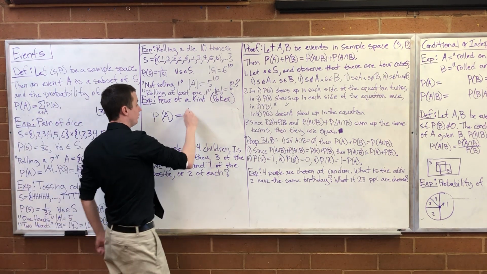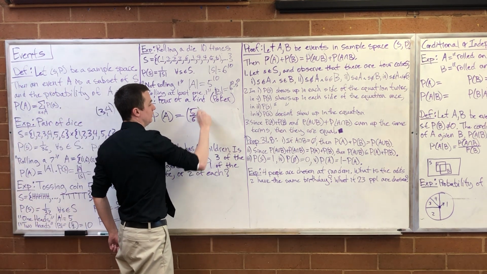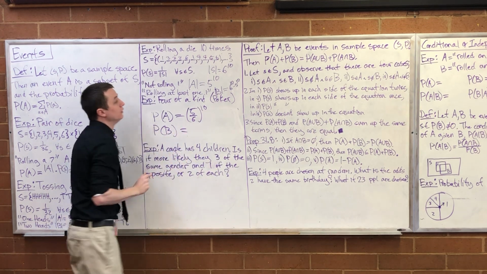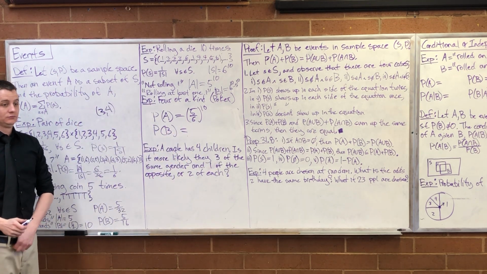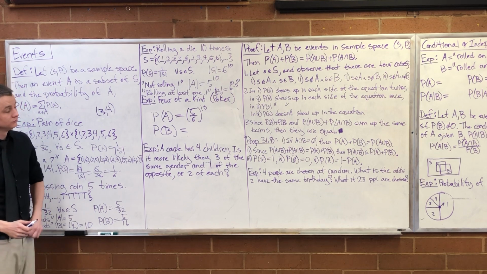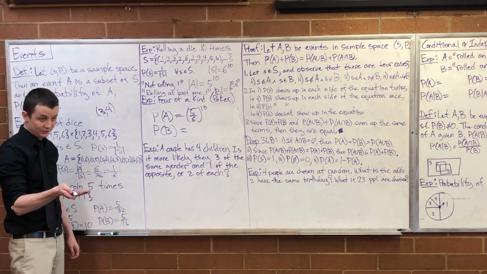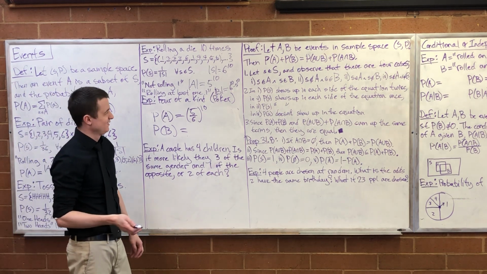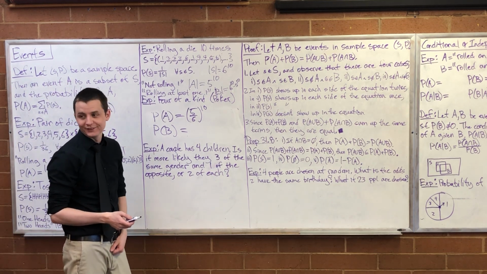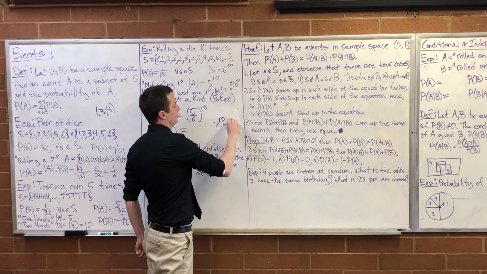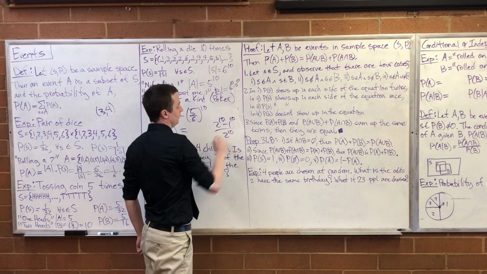And what's the probability of B equal to? 6 to the power of 10 minus 5 to the power of 10, over 6 to the power of 10. Wouldn't that just be 5 to the power of 10? No. Same way that 2 to the power of 10 minus 1 to the power of 10, divided by 2 to the power of 10, is not 1 to the power of 10.